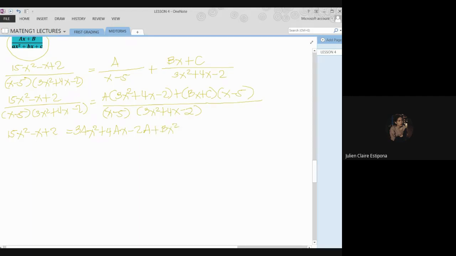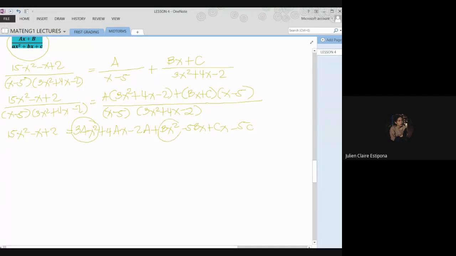Bx times negative 5, that is negative 5bx, and then plus cx, and then minus 5c already, okay? So we combine the like terms, in terms of x squared.